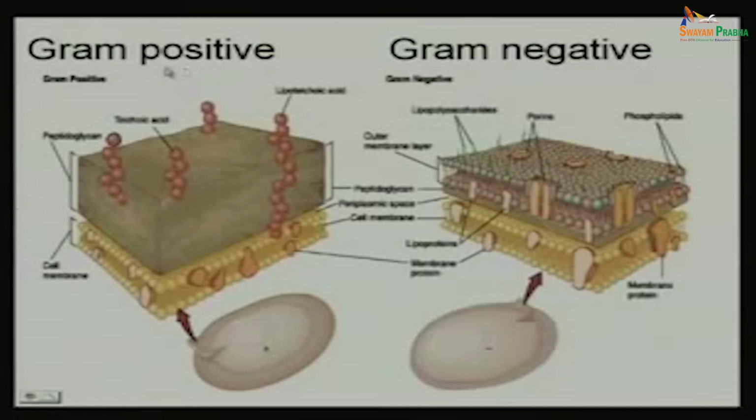Now, why is it called gram staining, gram positive, gram negative? Because this test was developed by the scientist Hans Christian Gram, and based on his name it is called gram positive and gram negative.